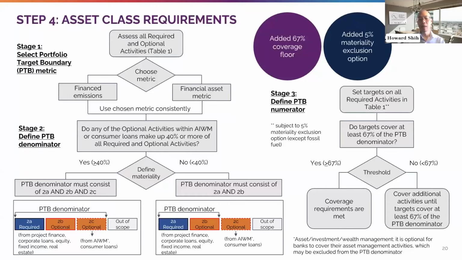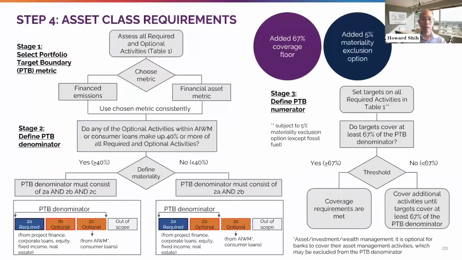So for example, if an FI has 99% of its assets related to corporate loans, and then just 1% in listed equity investments, for example, they now have the option to just focus on its corporate loans. And they won't be forced to set targets on their non-material activities. So not forcing them to chase the long tail, for example.